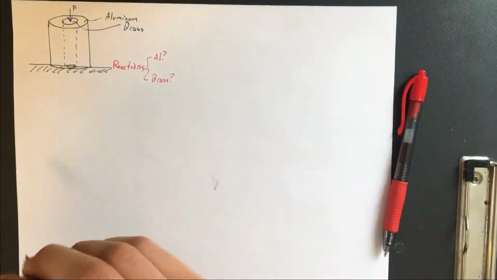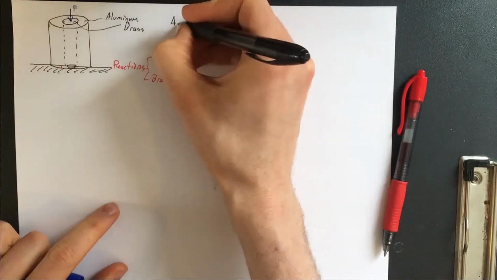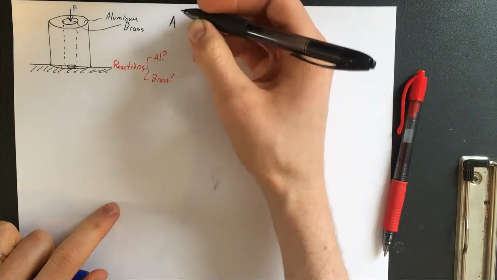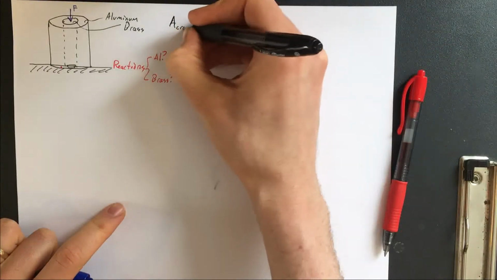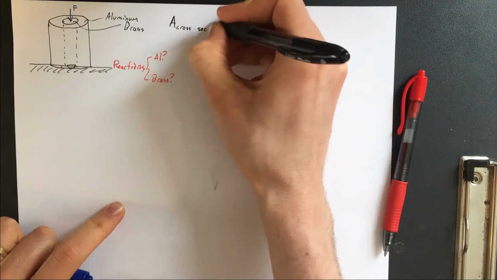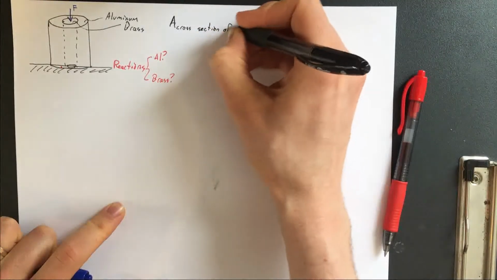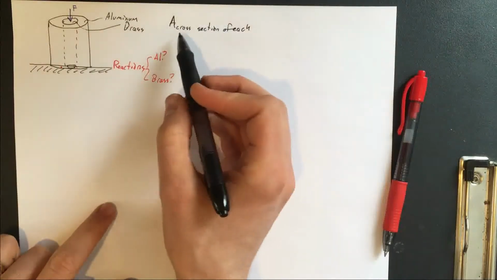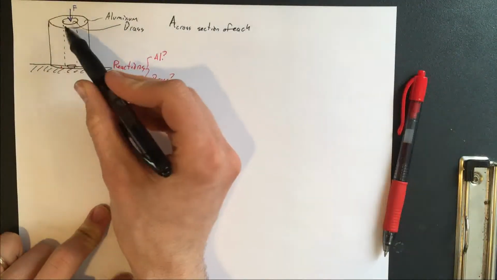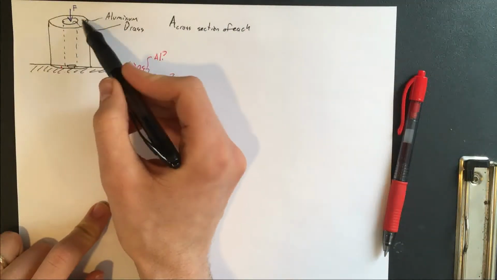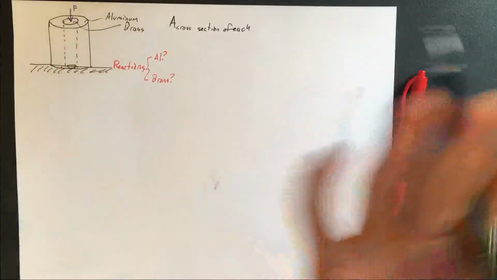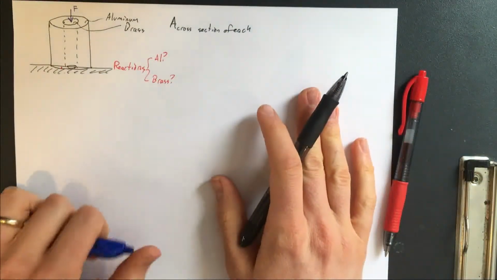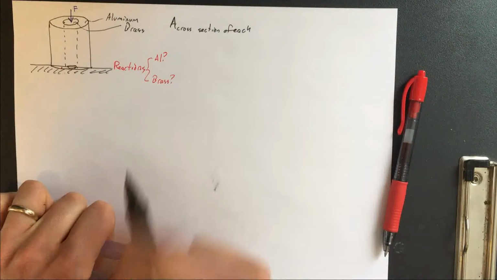It depends on the cross-sectional area of each. You can imagine the one that has a larger cross-sectional area would be more likely to bear more of the load, but that's not the whole story.